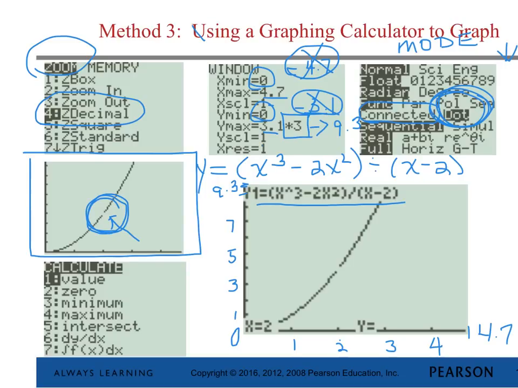And that hole is where x is equal to 2. Notice that even though the y value is close from either side to 4, when you get to that actual space, there is a hole in the function.